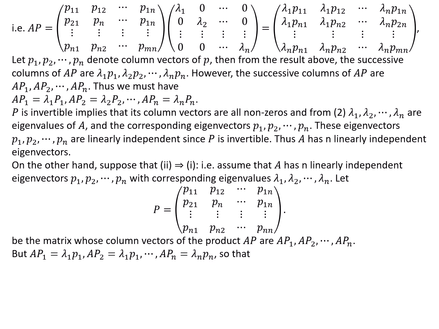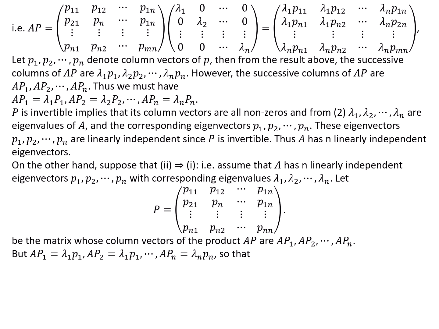The next step is to see that AP is the product of A and P. Let P1, P2 up to Pn denote the column vectors of P. Then, from the result above, the successive columns of AP are lambda 1 P1, lambda 2 P2, up to lambda n Pn.